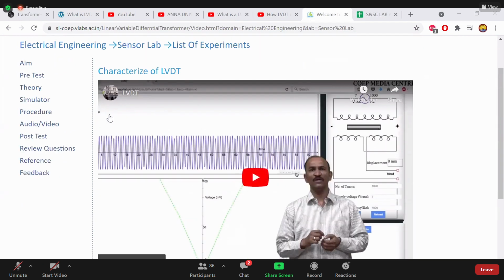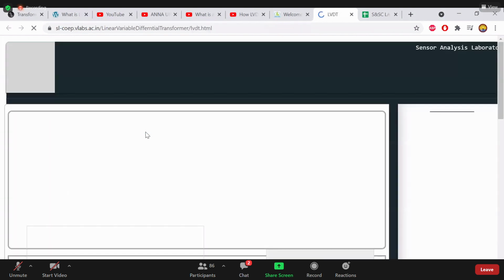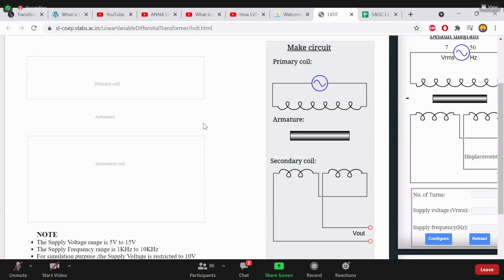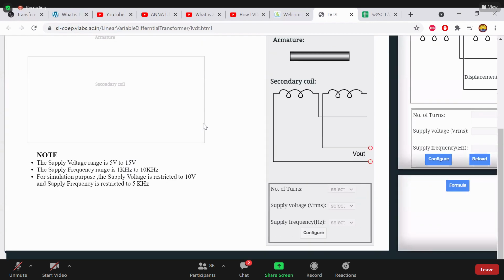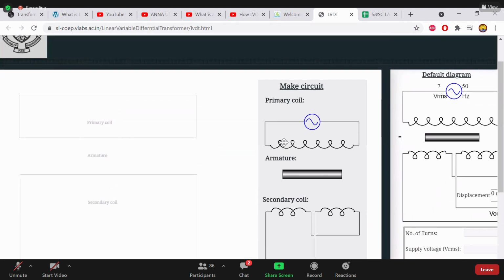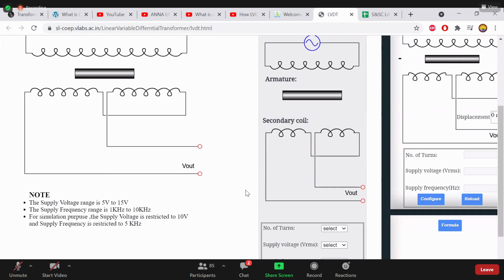Now students, you can click on the simulator. After clicking on the simulator, you will be directed to this page. Here you have to design your own LVDT, drag your primary coil, drag your armature, drag your secondary coil.